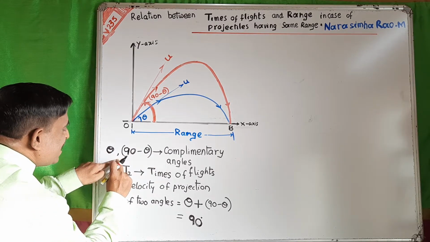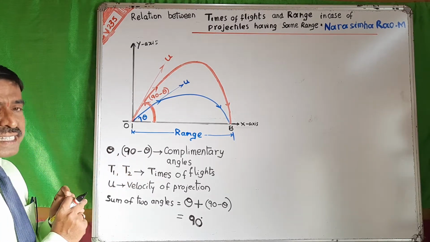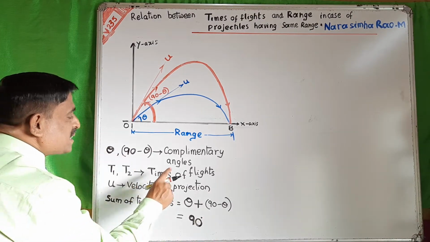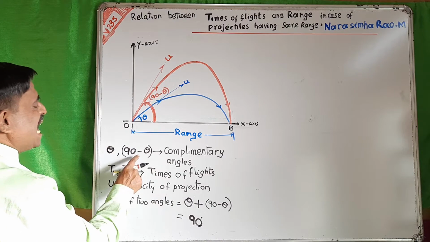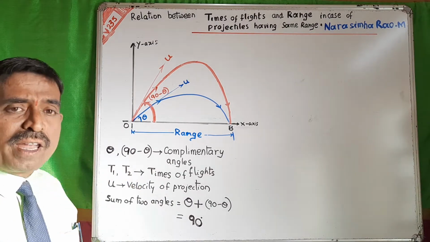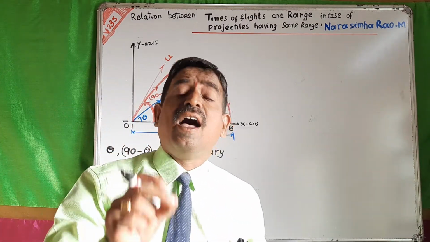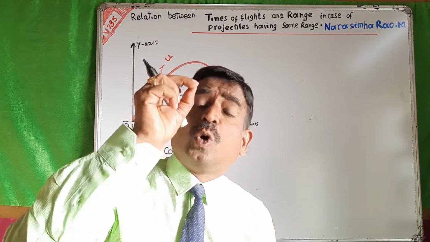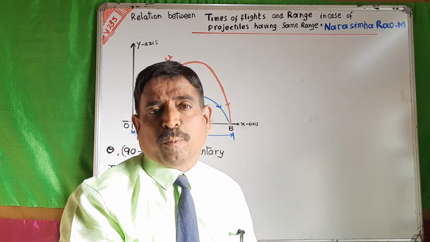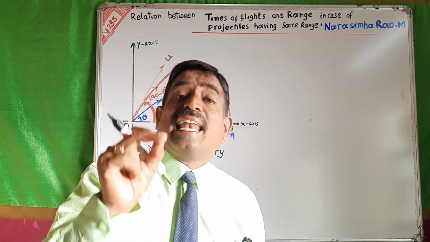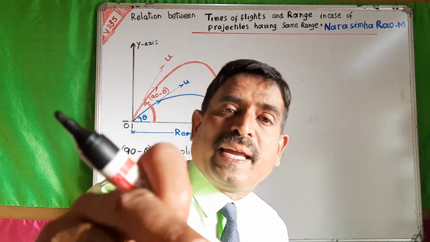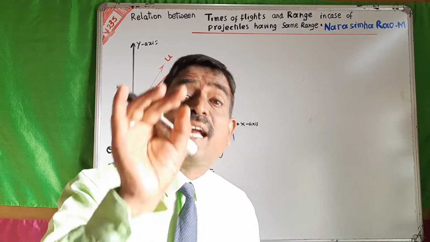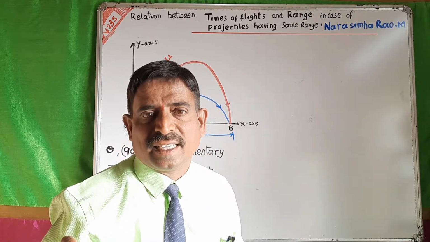If you add these two angles, the sum must be 90 degrees. These two angles we are calling complementary angles. For two different angles of projection, ranges are the same means the two angles must be complementary angles.